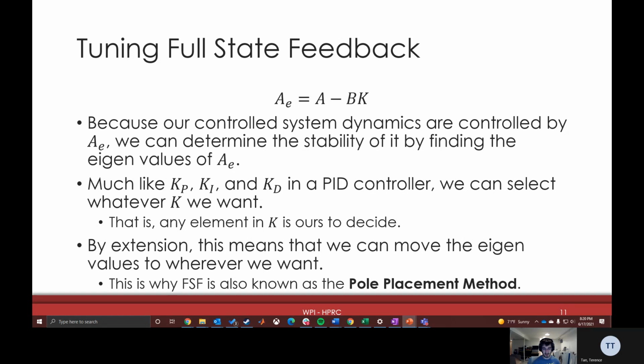And this is why FSF is also known as the pole placement method. The goal is to choose a K matrix such that you move all the poles from where they naturally are over to the left, onto the stable side of the complex plane, the negative side. So that's the gist of it.